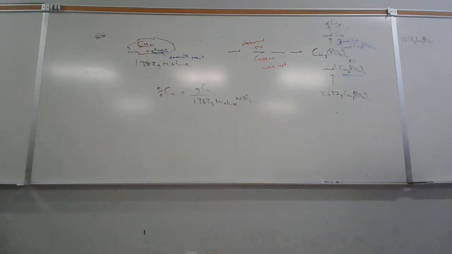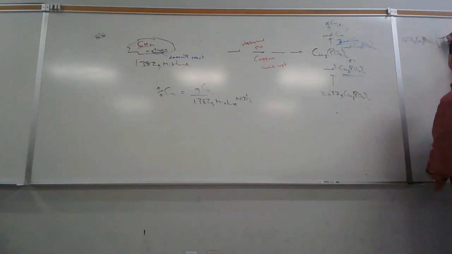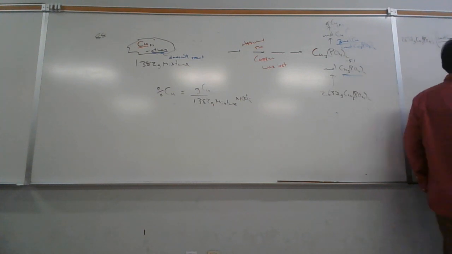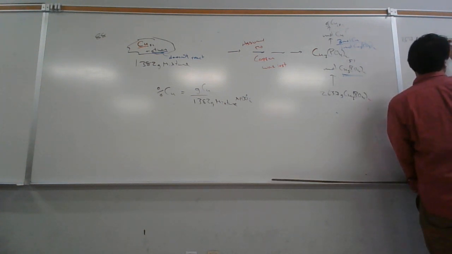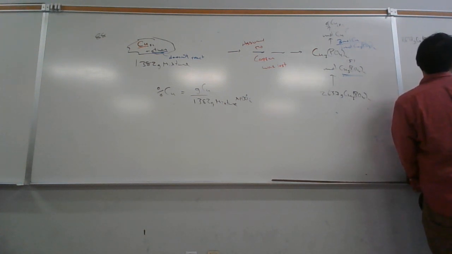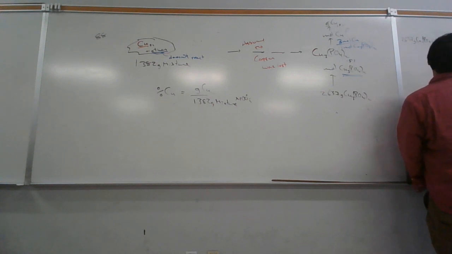So if I type in copper phosphate, I'll likely get copper 2 phosphate here, 380.58 grams per mole. And so 1 mole of Cu3(PO4)2 weighs 380.58 grams.